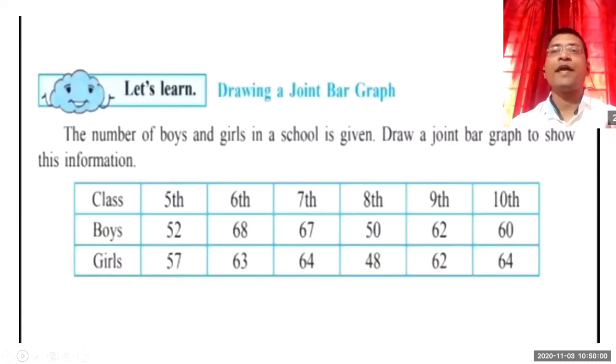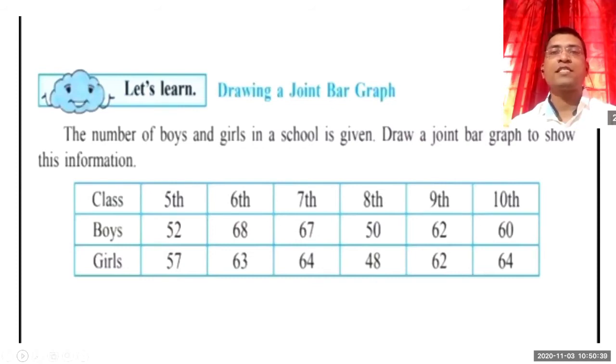On the left side of the x-axis we draw the y-axis perpendicular to it, and denote O as the origin. In your first joint bar graph, you will draw the boys column till 52, and girls a little more, to 57.